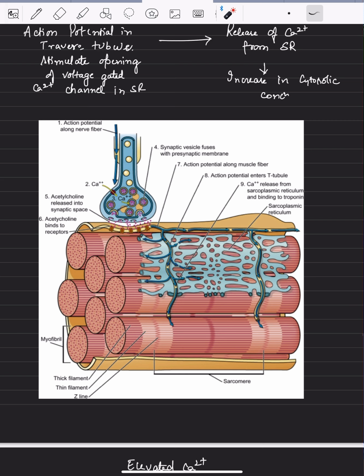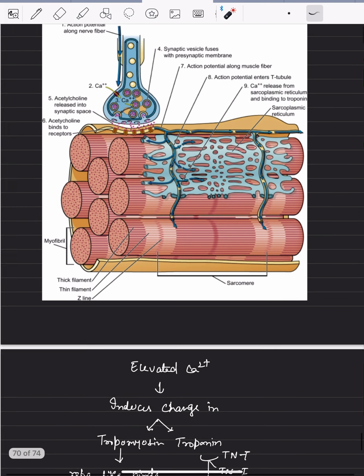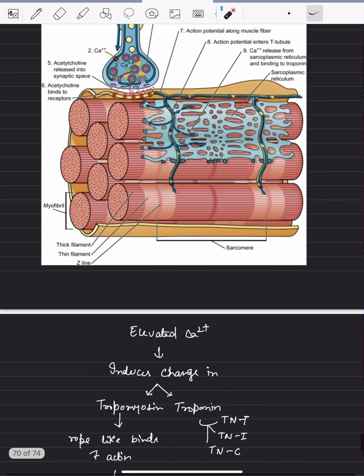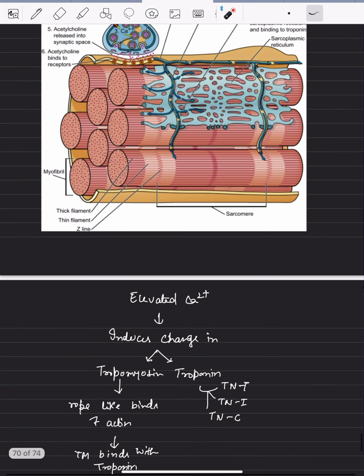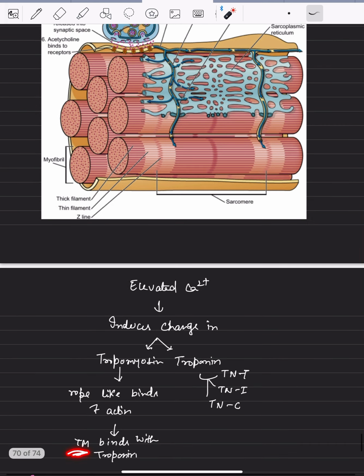Once calcium binds to troponin, everything is also mentioned here. This elevated calcium will induce a change in the troponin as well as the tropomyosin. Troponin types, you can see, are troponin I, C, T, and tropomyosin is basically rope-like and it will bind actin, and tropomyosin will bind with troponin for functioning.